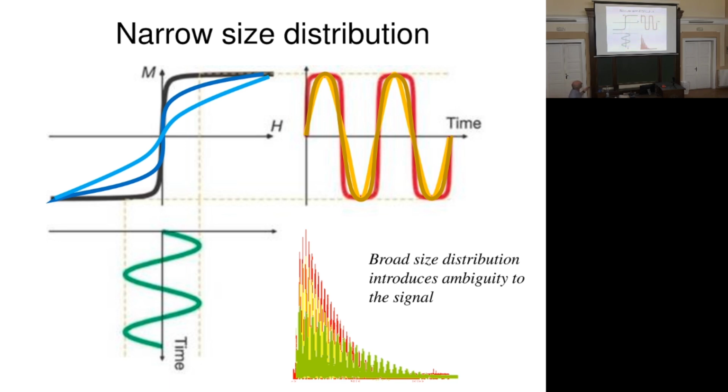If there is size distribution, then there's some contribution from particles which have different magnetization curve. Of course, they respond differently. It mixes in the spectrum and so on. So really narrow size distribution is crucial.